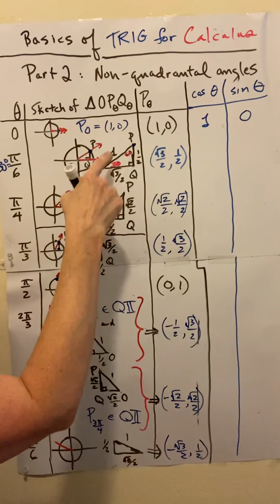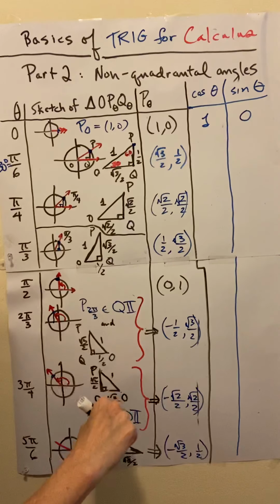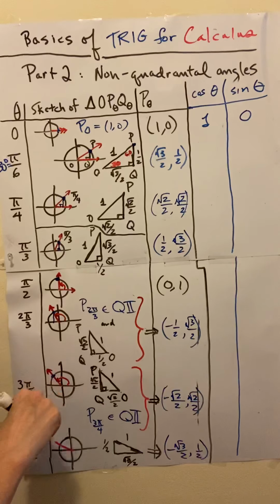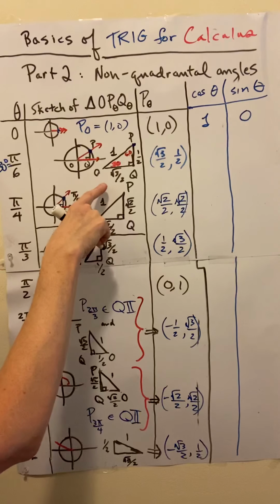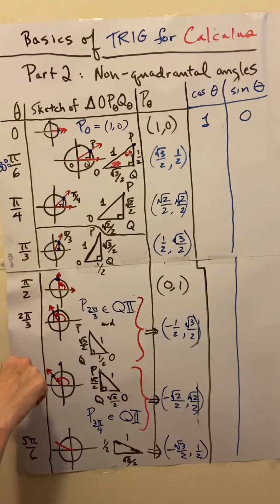Drop that perpendicular down to Q. Now we have a right triangle, 30 degrees there, so 60 degrees up there. The triangle OPQ is a right triangle, and it's a 30, 60, 90.